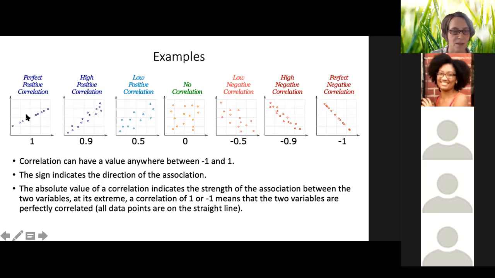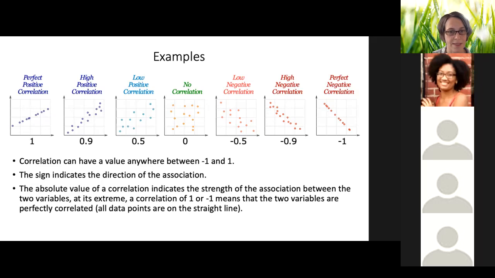The slope of the line just indicates the direction of the relationship, but not the strength, right? The strength is indicated by how well the points can be represented by this one straight line. Okay. And you also know from previous classes that correlation can have a value anywhere between -1 and 1, but not beyond these two limits.